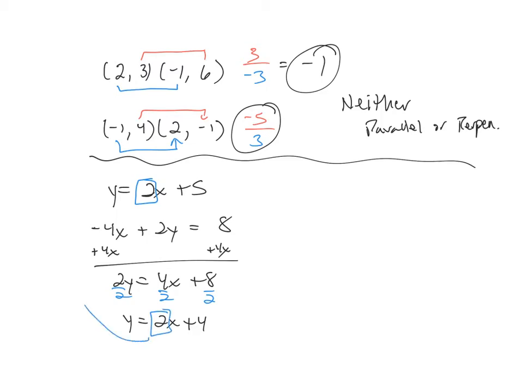So the slopes are the same. So this one would be parallel. You'll have some where there's coordinates. You'll have some that are equations. If they're not in slope-intercept form, you need to make them slope-intercept and then compare the slopes. You don't just look at the number next to the x. If you did, you could think that -4 is the slope, and then you'd say that they're not parallel. But when you work it out, they turn out to be parallel.